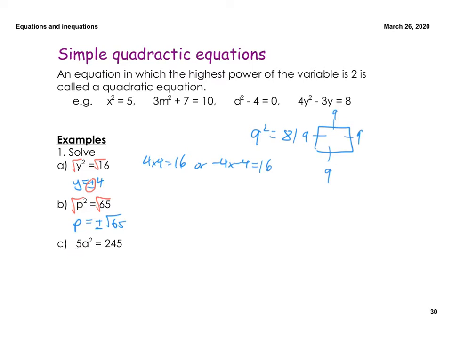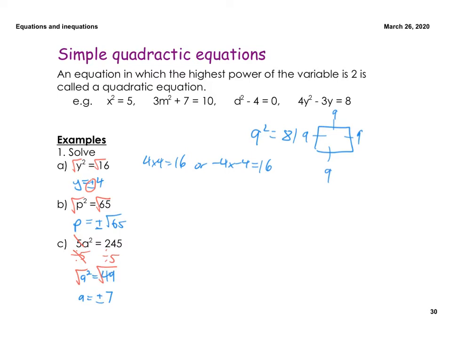So divide 5, divide 5. A squared equals, I believe that's 49. So a squared is 49, and then square root. A equals, square root is going to be 7, but you are square rooting, so you must write plus minus.